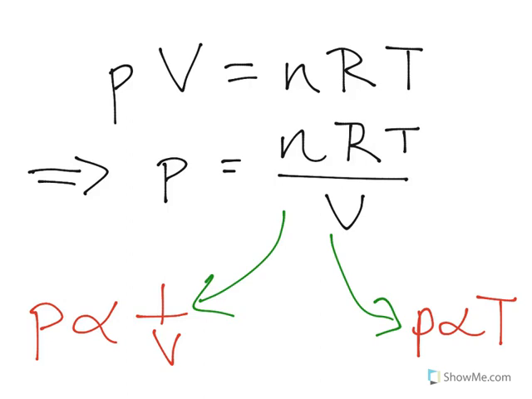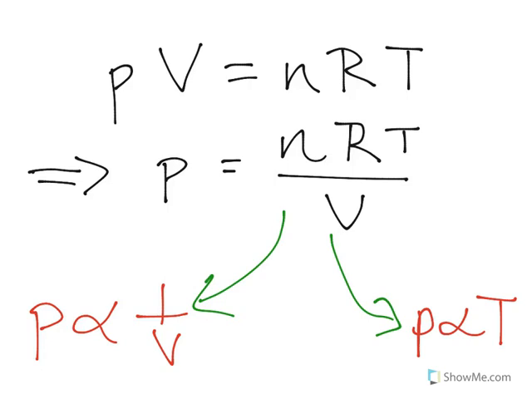So we rearrange this equation by dividing by volume on both sides and have that P equals nRT over V. Now we have two proportionality relations we can take away from this. We have P is proportional to 1 over V and P is proportional to T.